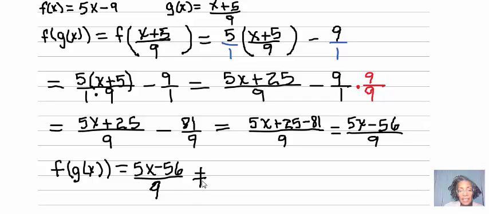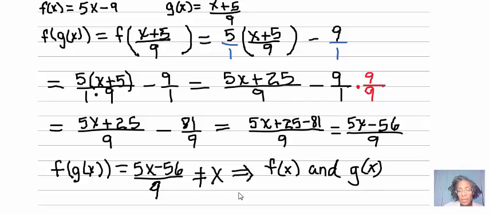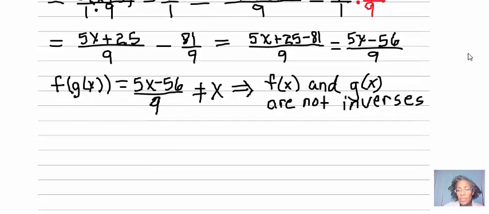Since that's not x, f of x and g of x are not inverses. And we can simply say they're not inverses, or we could say they're not inverses of each other.